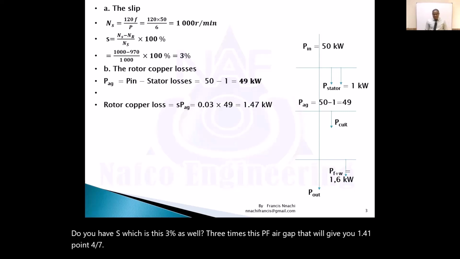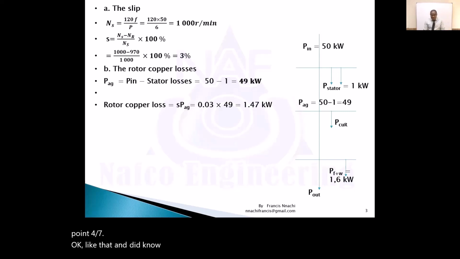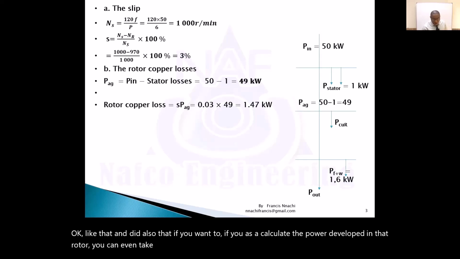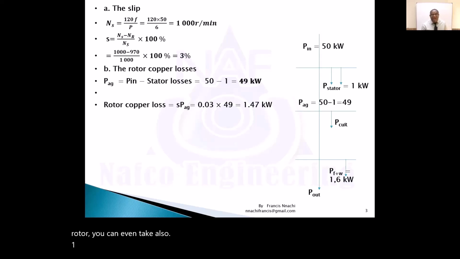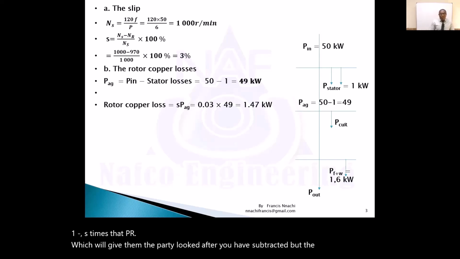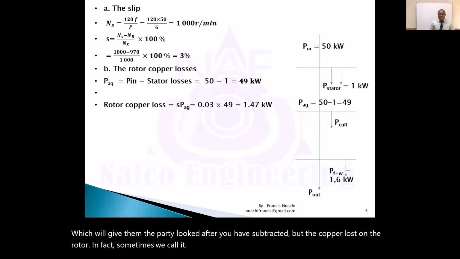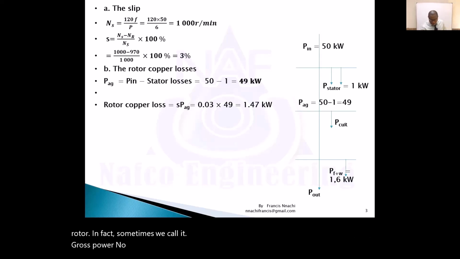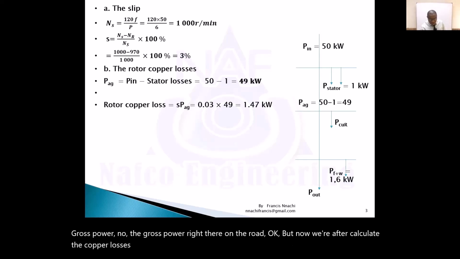Also, if you are asked to calculate the power developed in the rotor, you can take 1 minus S times P air gap, which gives the power developed after subtracting the rotor copper loss. Sometimes we call it the gross power on the rotor. But now we're asked to calculate rotor copper loss, so this is S times P air gap.